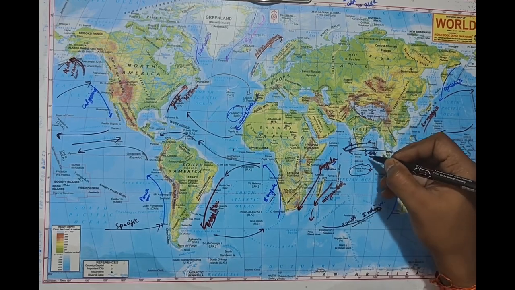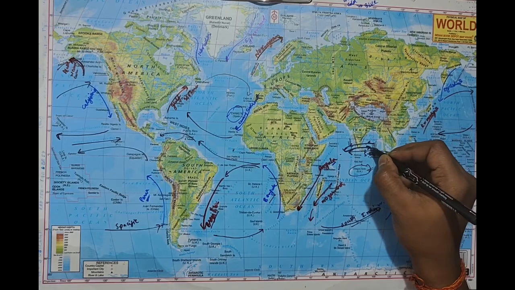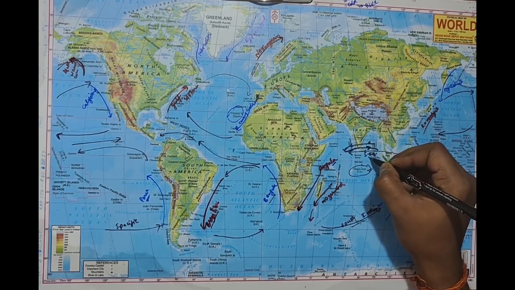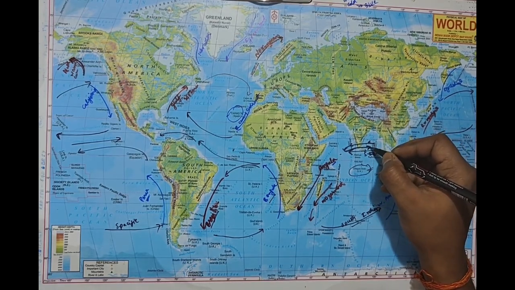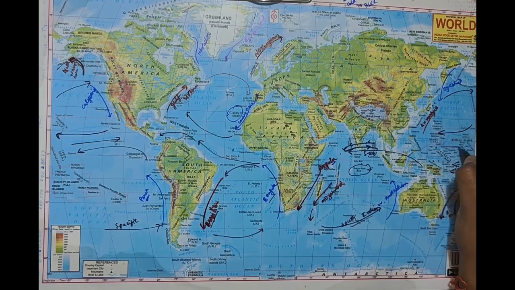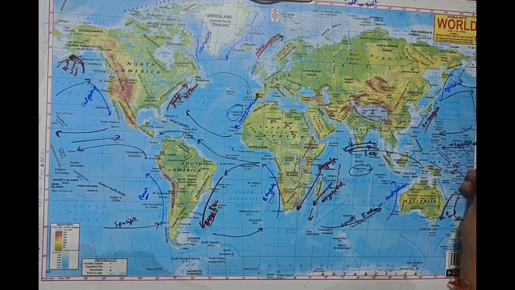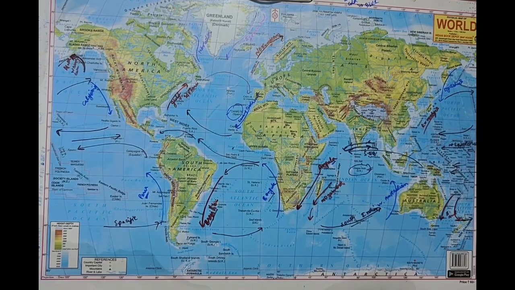And above South Equatorial there is an equatorial counter current which is moving in the opposite direction to South Equatorial current, and above the equatorial counter current there is a North Equatorial. Okay, this North Equatorial is coming from this direction. I hope you are understanding.